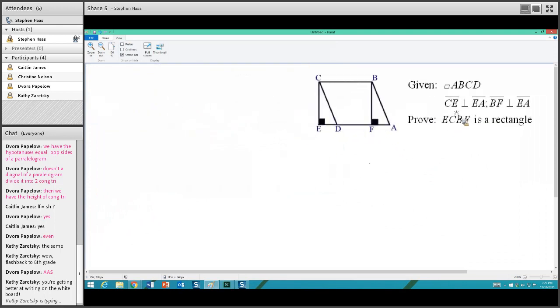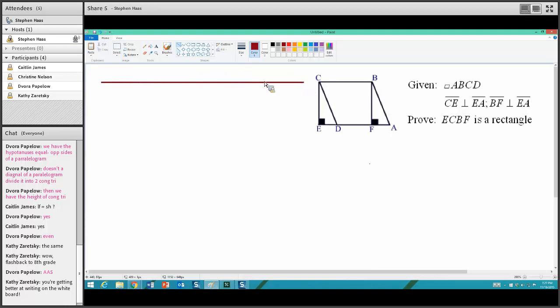All right. Given parallelogram ABCD, and let's move it a little further over.